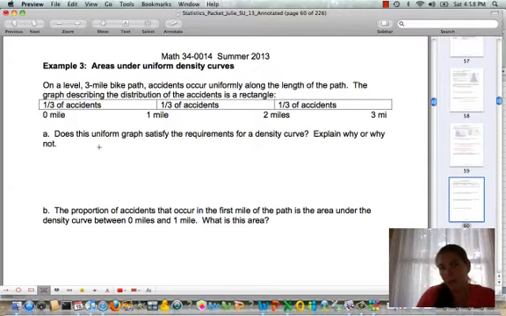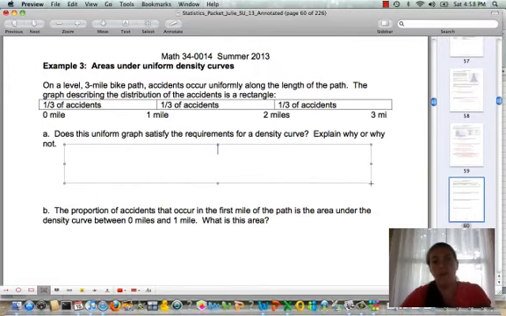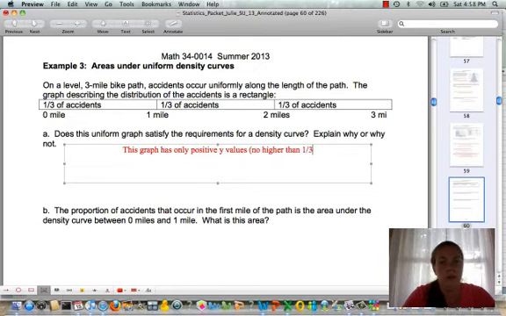So we have to ask ourselves in part A, does this uniform graph satisfy the requirements for a density curve? So if you look back at our vocabulary, a density curve is a curve that has only positive y values and contains 100% of the population data. So this graph has only positive y values. It only goes up to 1/3. And the other requirement is that it contains 100% of the population.